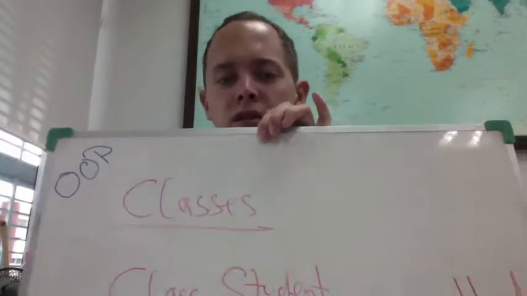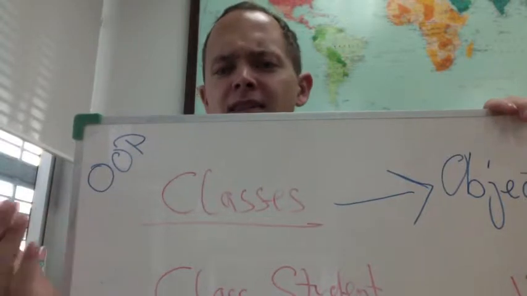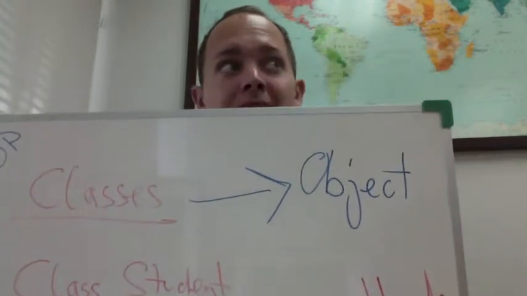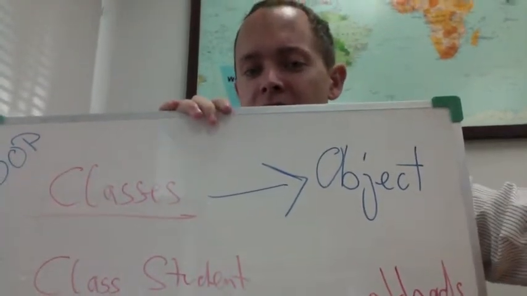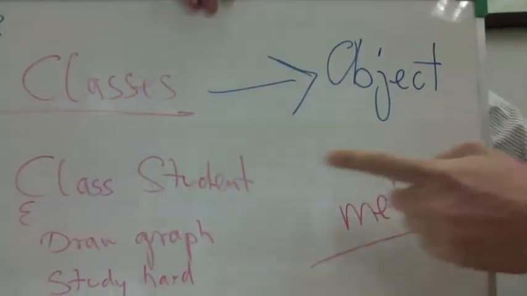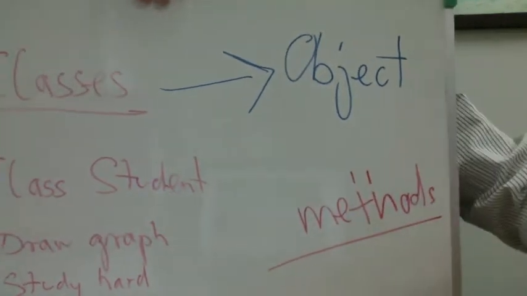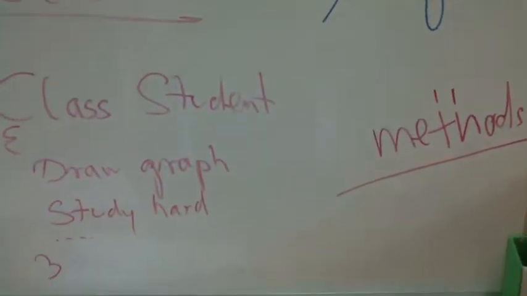Furthermore, we have classes. Those classes tell us what the object can do. What the object can do is being told by classes. Classes define that. How do they define that? They define it via methods. You can see here, we have the class student. Say the student draws a graph, studies hard.